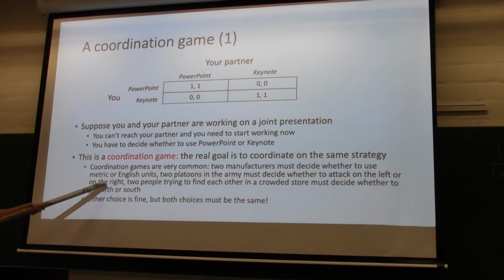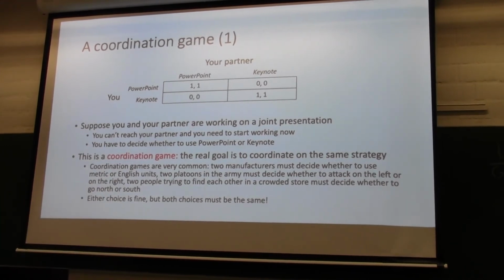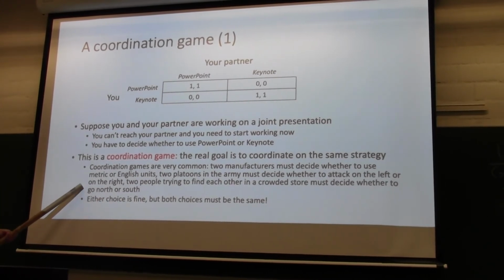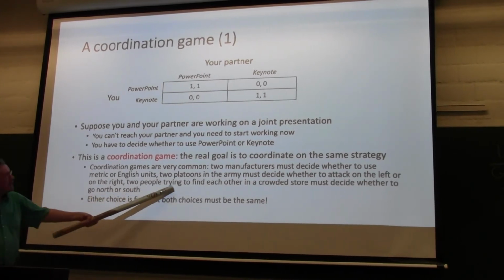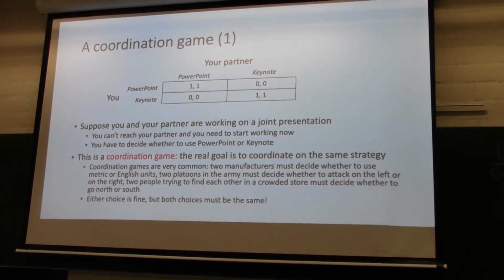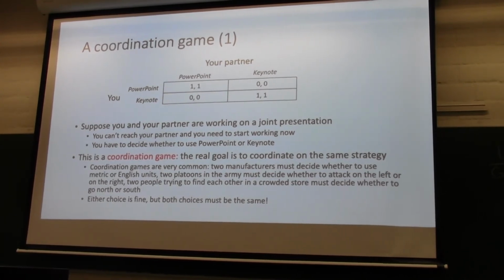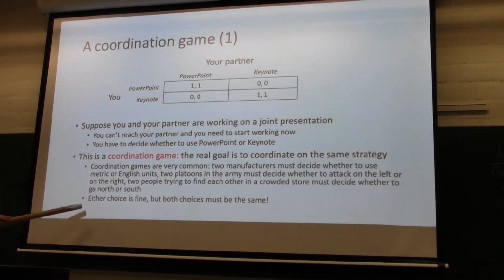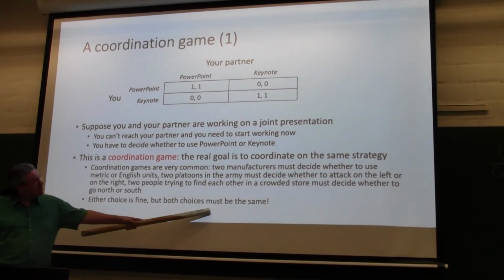English units are only used for the common people, but not for manufacturing. Or two platoons in the army, either they attack on the left or the right. They have to coordinate. People finding each other in a crowded store: do you start looking on the north part of the store or the south part? Well, if you choose differently, you won't find each other. Either choice is fine, but both choices must be the same.